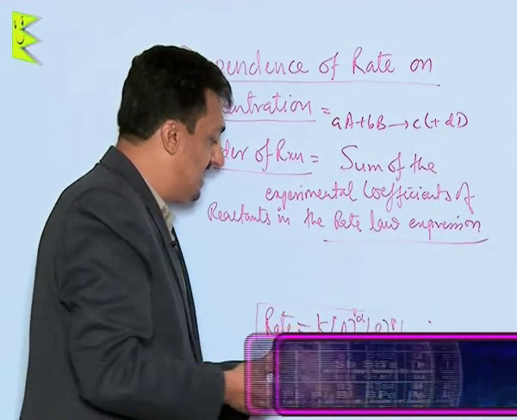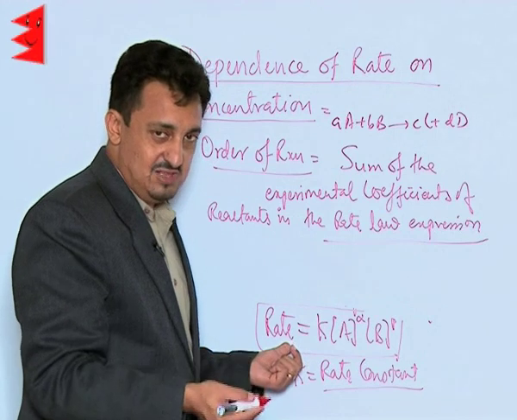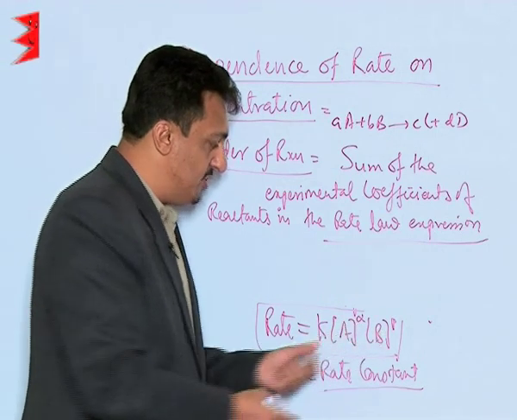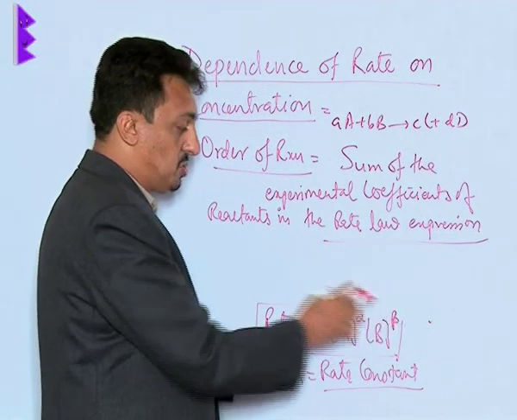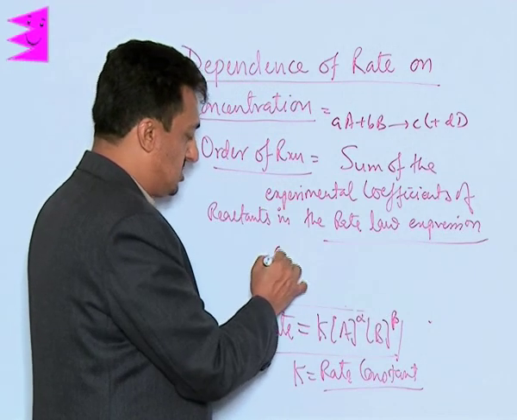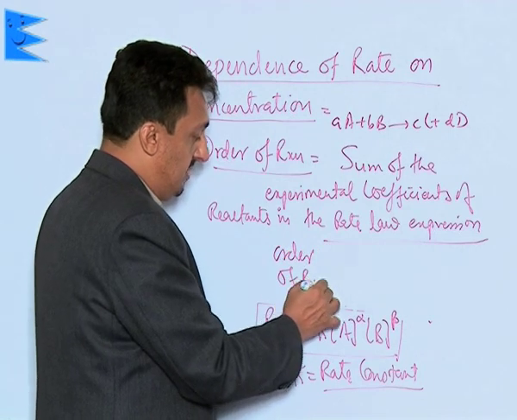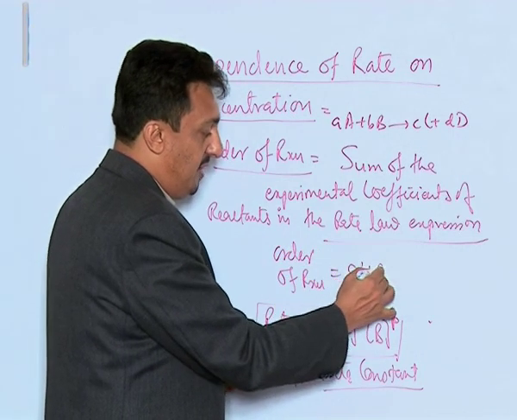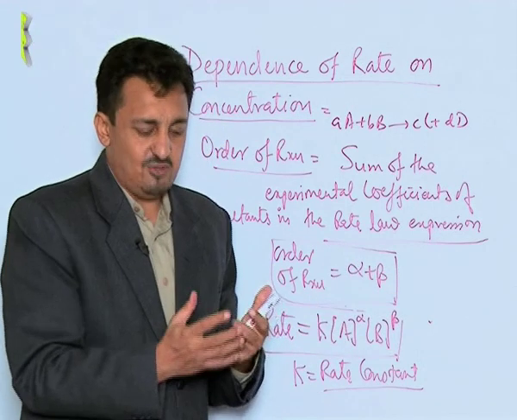So the rate expression which we write down as per the rate law, whatever the coefficients we are having, the order is the sum of these coefficients. So the order of reaction will be equal to alpha plus beta.